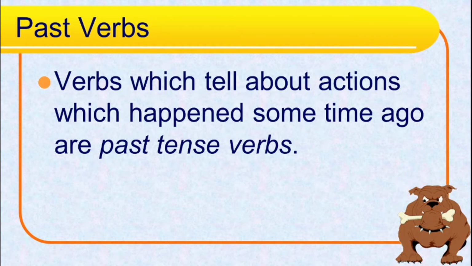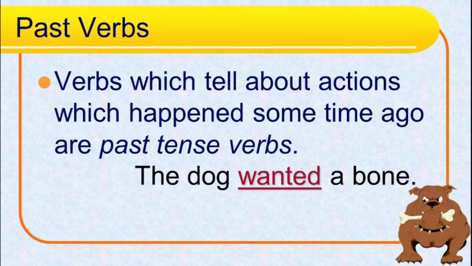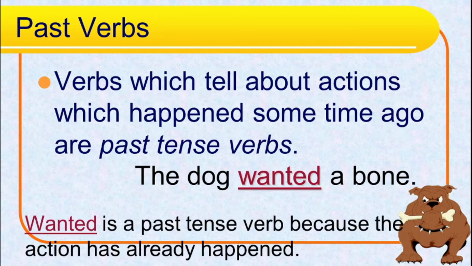Past verbs. Verbs which tell about actions which happened some time ago are past tense verbs. Example: the dog wanted a bone. The word wanted is a past tense verb because the action has already happened.